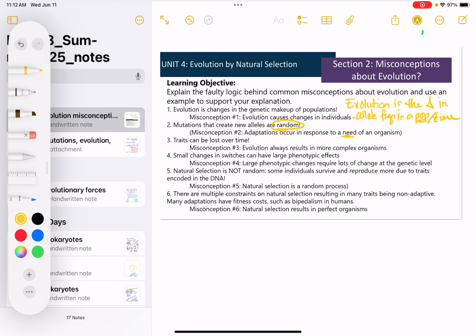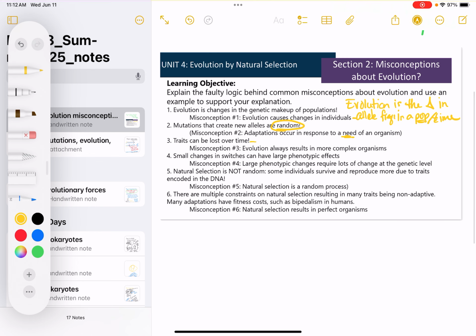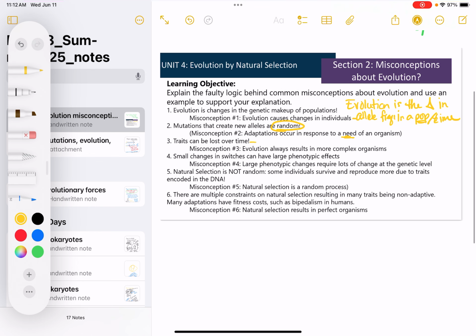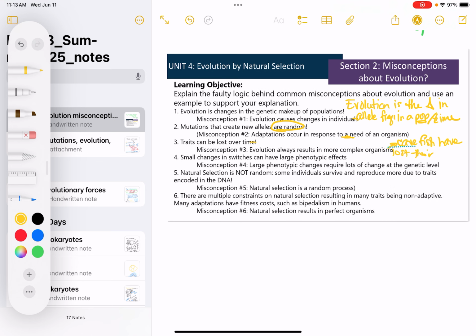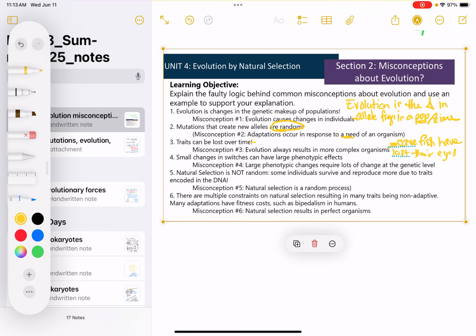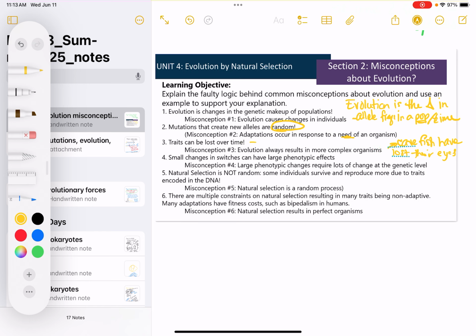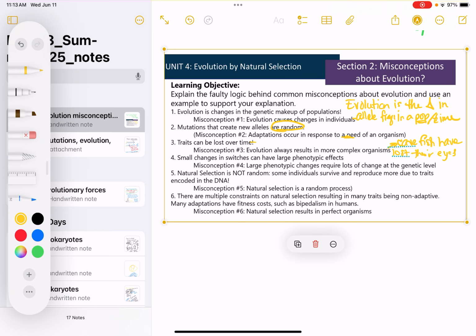The next one is that traits can be lost over time. So evolution does not always result in more complex organisms. My favorite example here is cavefish, which have lost their eyes. You can Google this if you want, and there are lots of examples of this. It's actually better for them not to have eyes, and they have a covering over where their eye should be.